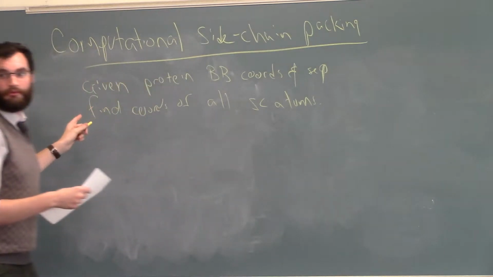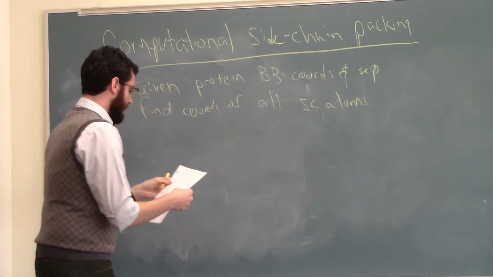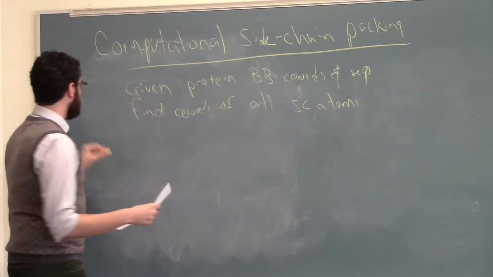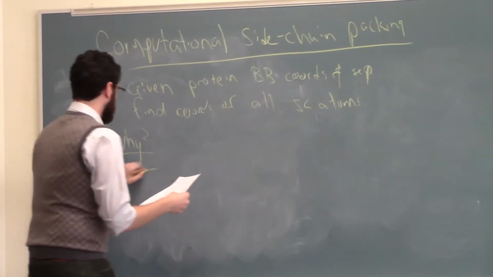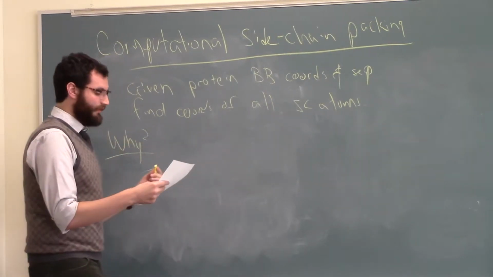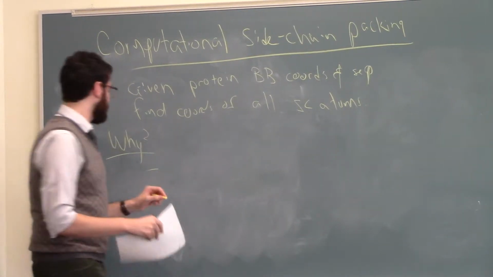This is big enough for everyone to read, right? Great. So why would we endeavor to do this? We're going to need the sidechain coordinates to create complete 3D models of protein.